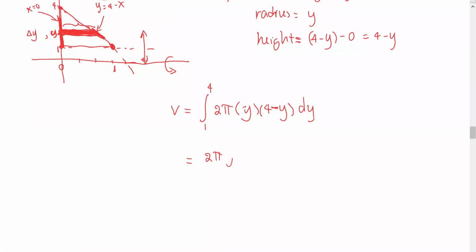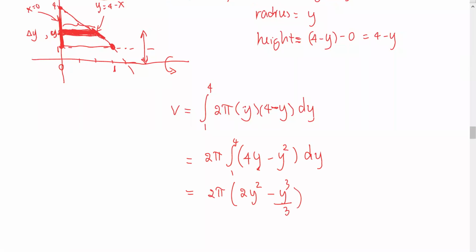Simplify the integrand. We have 4y minus y squared. Then find the antiderivative to get 2y squared minus y to the third over 3, from 1 to 4.